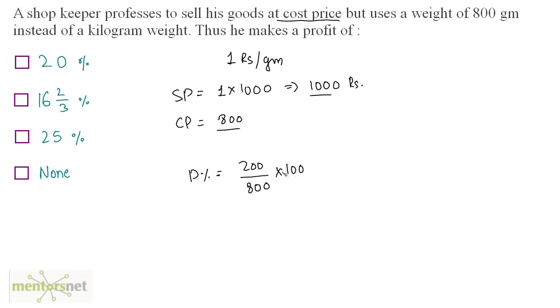These zeros get cancelled out. I have 200 by 8. 4 twos are 8, 4 fives are 20, and 4 times 50 is 200. So it is equal to 25%. So I think option C is the correct answer.